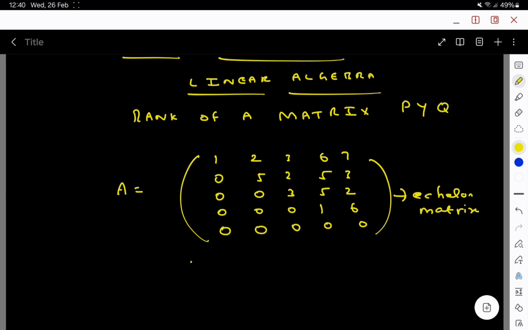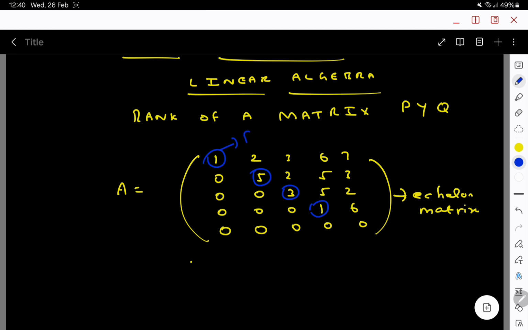all leading entries are non-zero. What are the leading entries? This one is a leading entry, 5 is a leading entry, 3 is a leading entry, 1 is a leading entry in the fourth row. These are also called pivot elements.